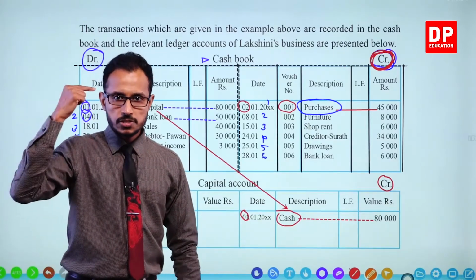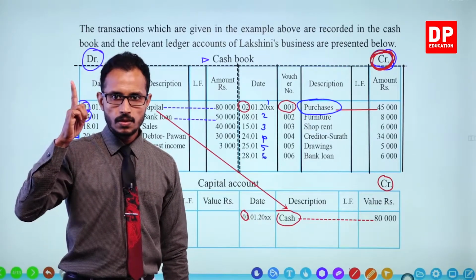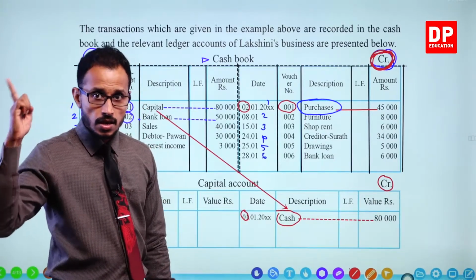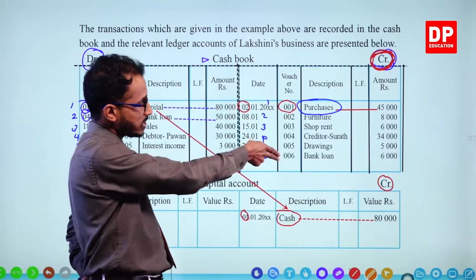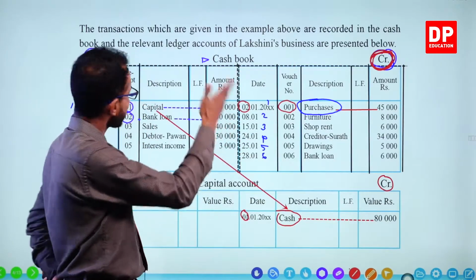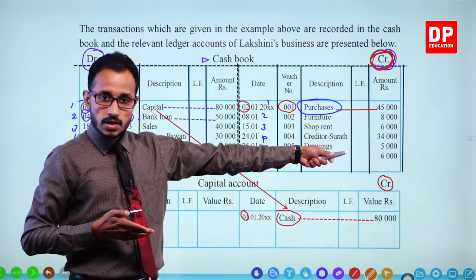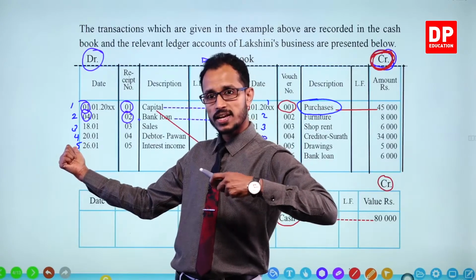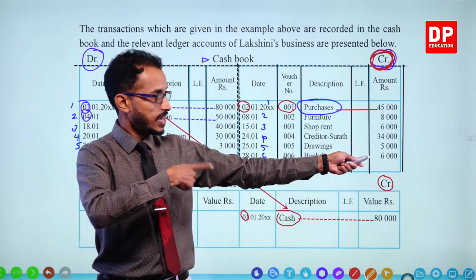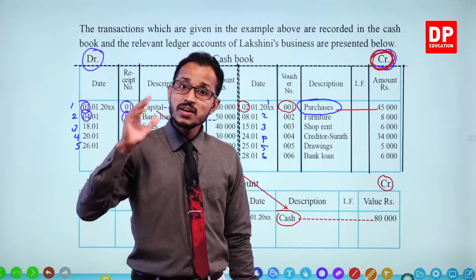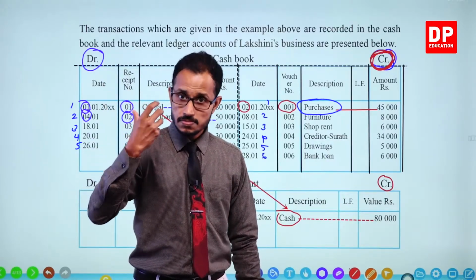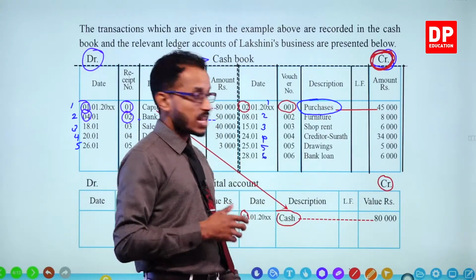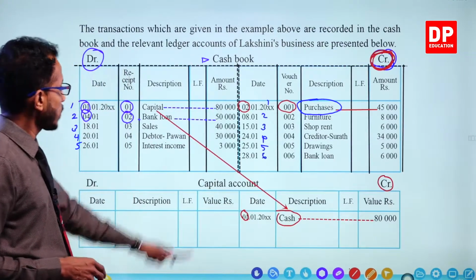This is what you do first. The very first thing, children: guess on which side, on the debit side or on the credit side, you have the greater total, the higher total.